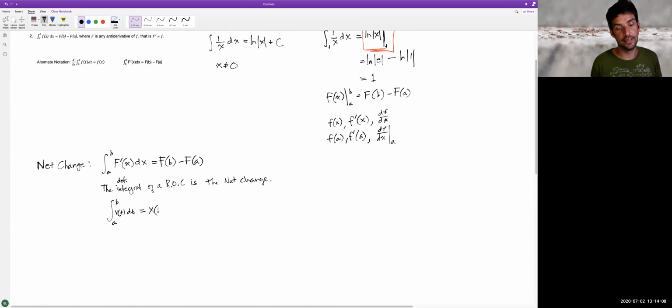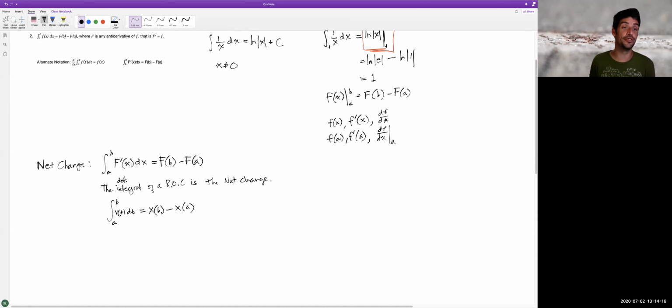We take the difference in the positions at the endpoints over which we're integrating. What's the overall change in position? Velocity is nothing but a rate of change of position, right? This is the exact same thing we have up here because x prime of t is equal to v of t.